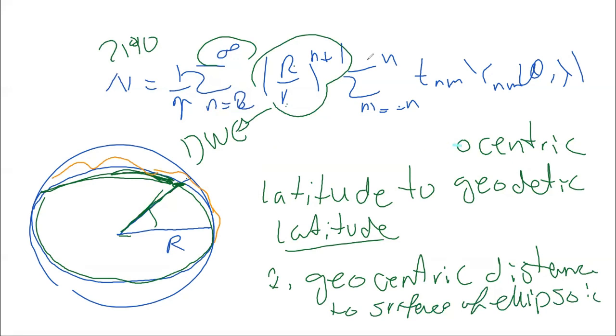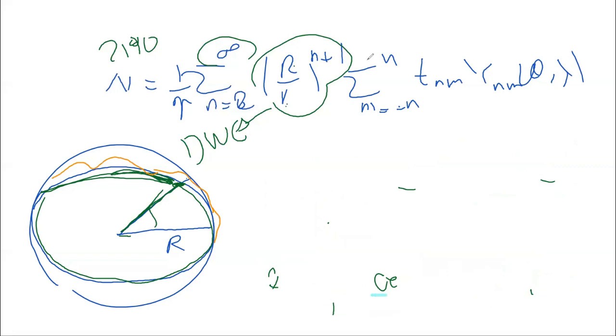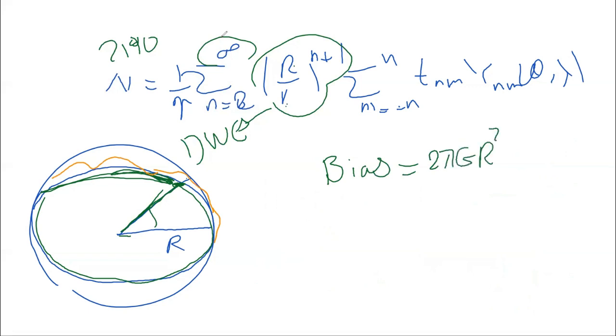So simply compute the topographic effect, the topographic bias, which is this formula: the bias is 2 pi G rho times the sum of H_nm, H2 plus H3 over 3R.